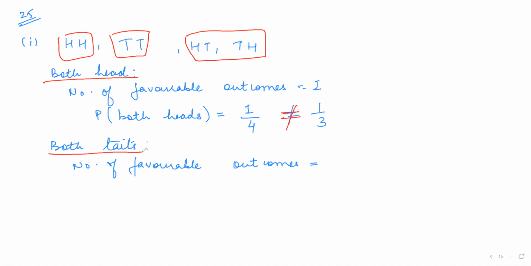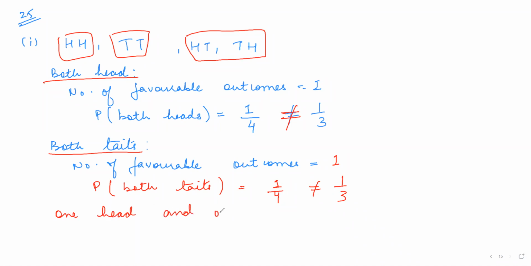Now let us see the both tails case. So favorable outcomes are again 1. So the probability of both tails is again 1/4, right? Which is not equal to 1/3. And one head and one tail. It is not saying that the first one has to be head or the second one has to be head. So that means both of them will be your favorable outcomes, right?